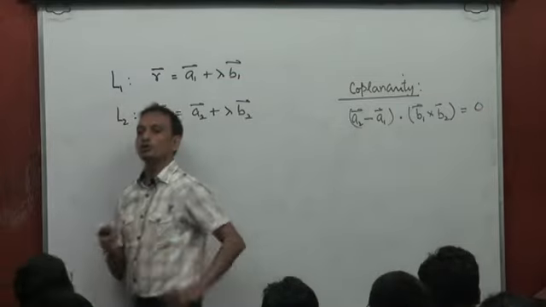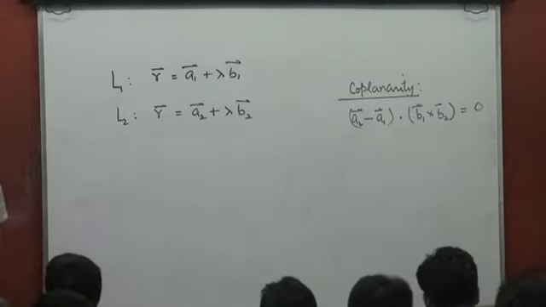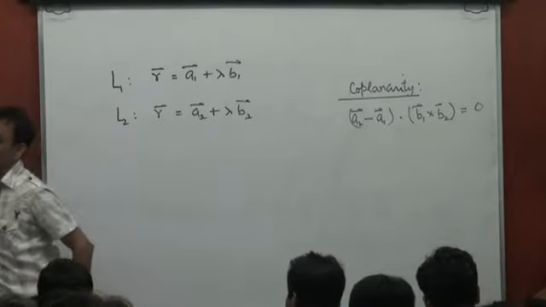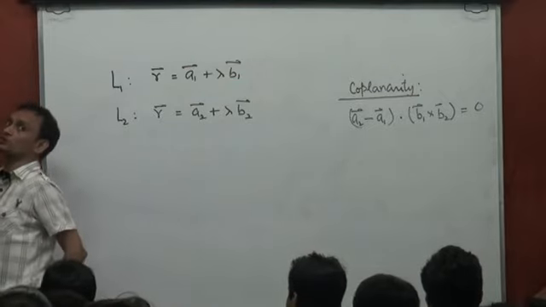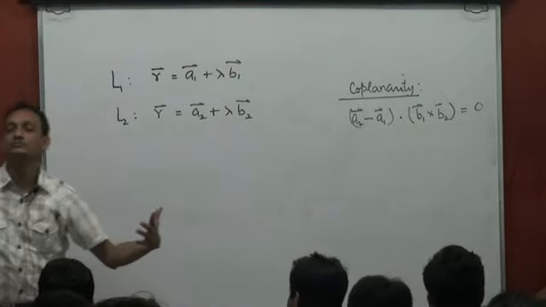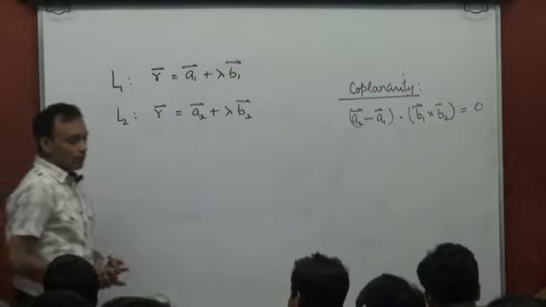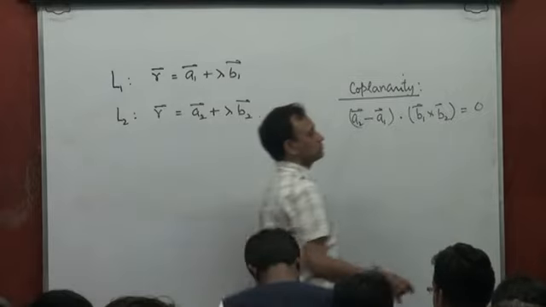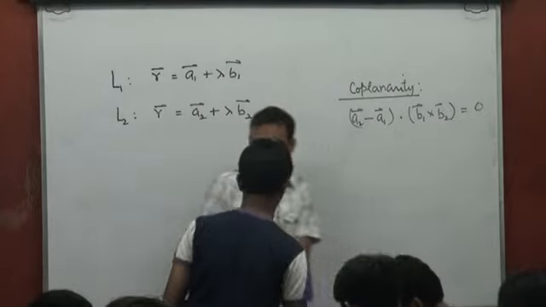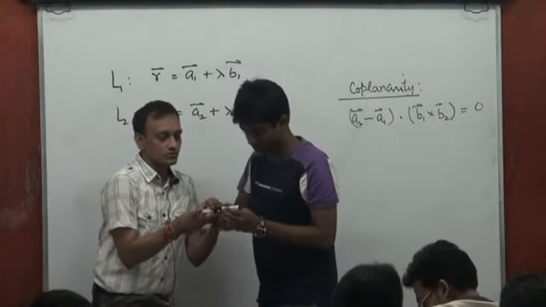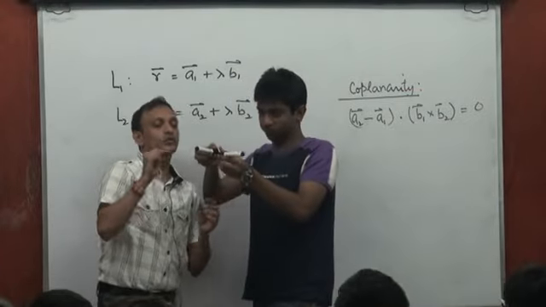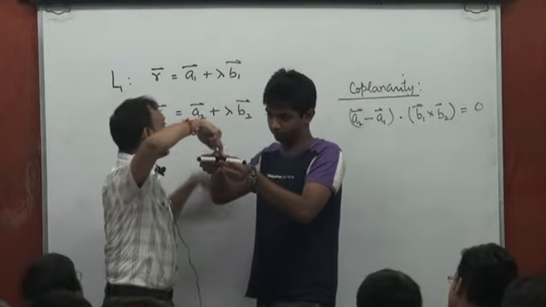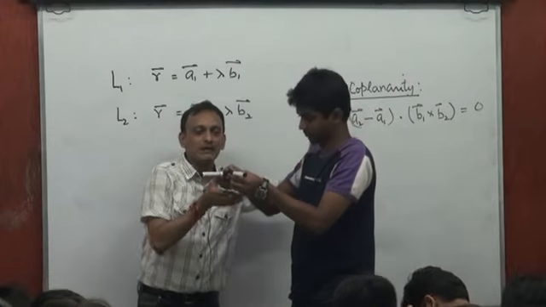This is the condition for coplanarity of the two lines, right? Once this is established, there is a common plane containing the two lines. If they are coplanar, they would have intersected, and that happens when this condition is met.